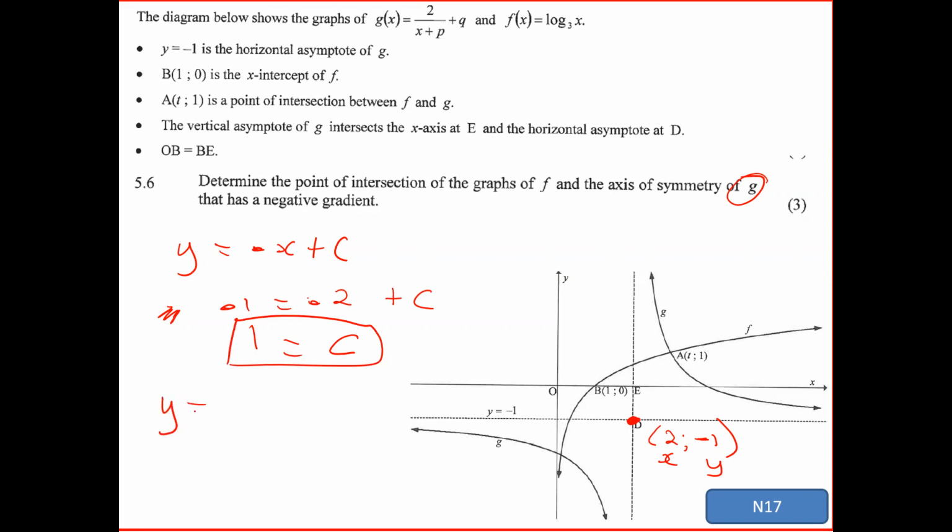Therefore, our equation is Y equal to minus X plus 1. Okay, so we have our axis of symmetry.